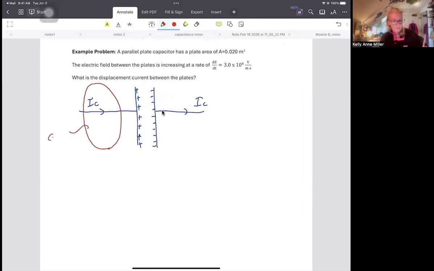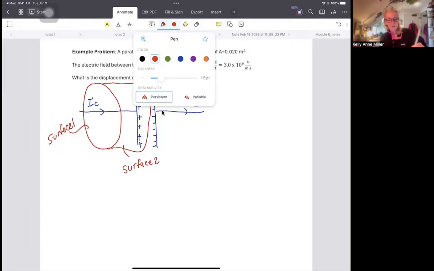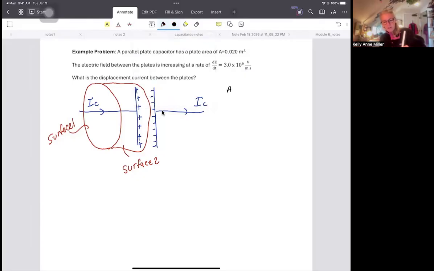Let me call that surface one. And then it bulges out here and encompasses the positive plate. Let me call that part surface two. So let's consider Ampere's law through both surfaces. The purpose of this is to show you how it breaks down if we don't take into account the displacement current.